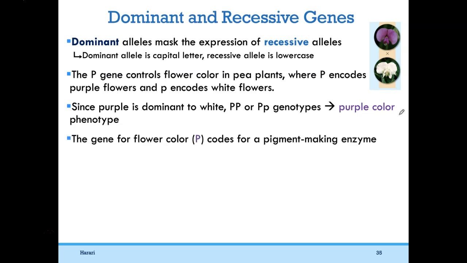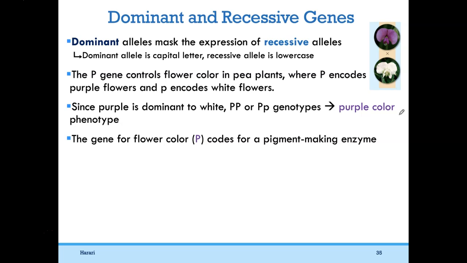So why does this make sense? Why does big P, big P or big P, little p give you purple flowers, whereas little p, little p doesn't? Well, let's think about what this really means. The gene for flower color, big P, encodes for a functional pigment-making enzyme.